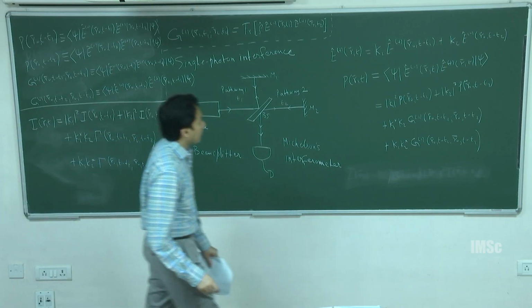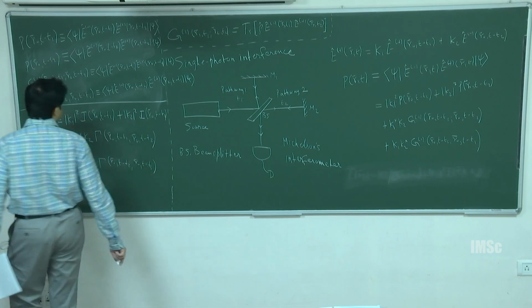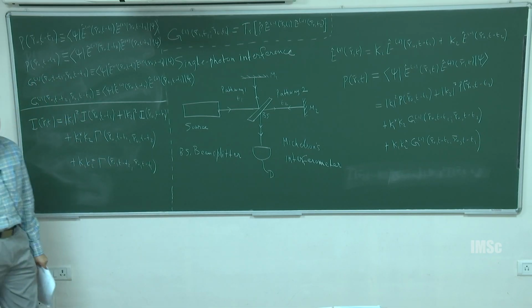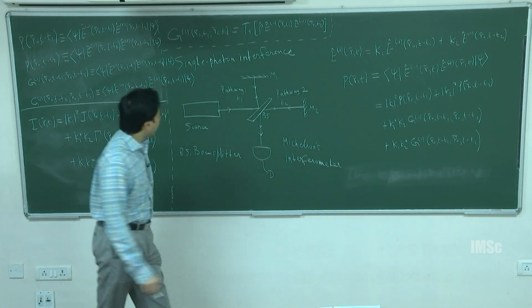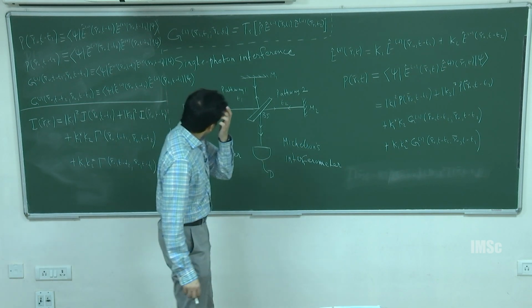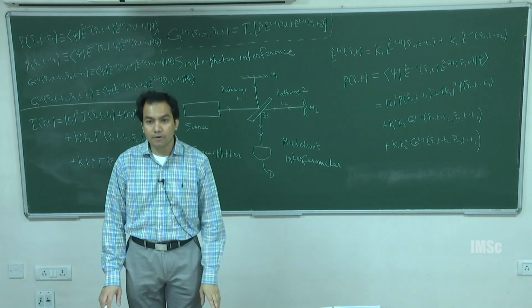Here we see a parallel. Mathematically, these two look identical, but the interpretation is very different. So here, in the classical case, the intensity gets distributed between the two arms of the interferometer.